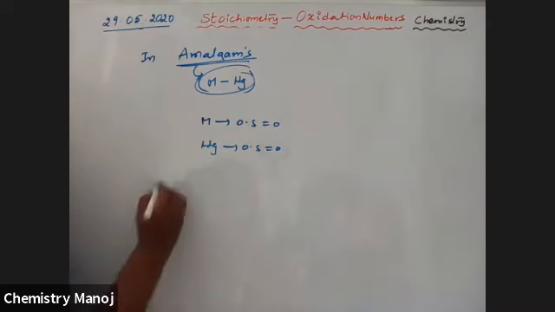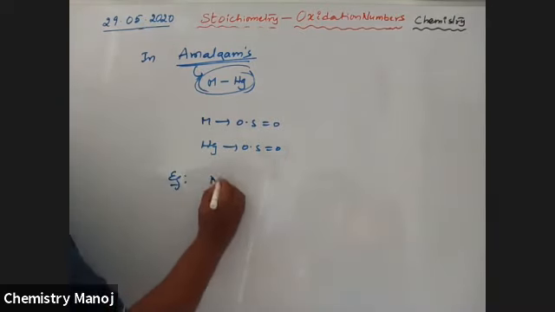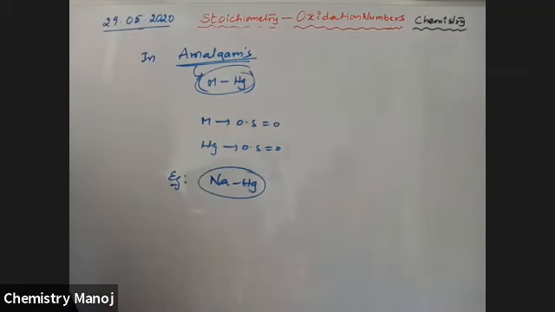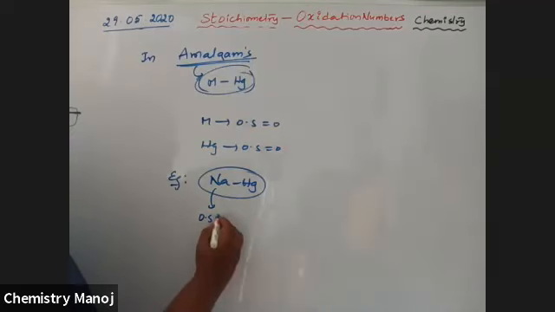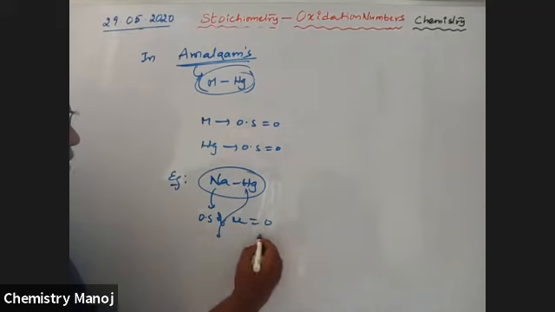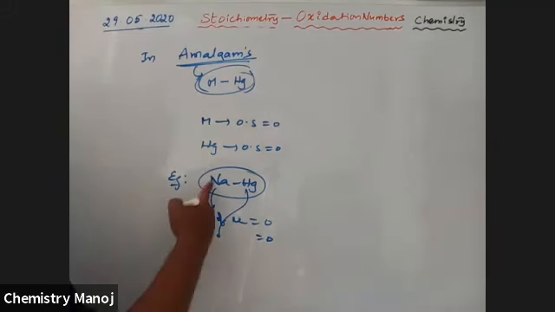Let us take an example. NaHg. It is a sodium amalgam. So what is the oxidation state of sodium? Equal to 0. Oxidation state of mercury is equal to 0. Okay.